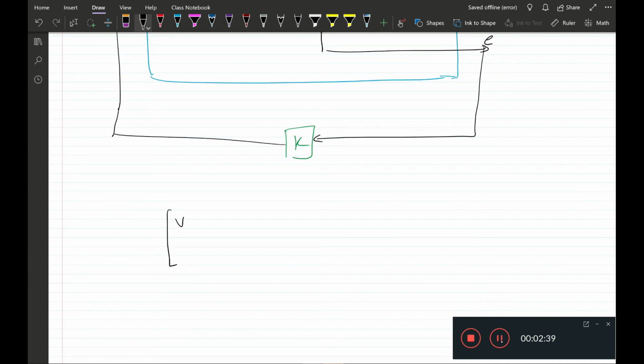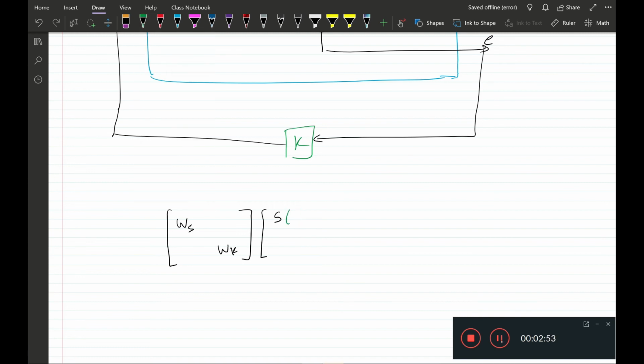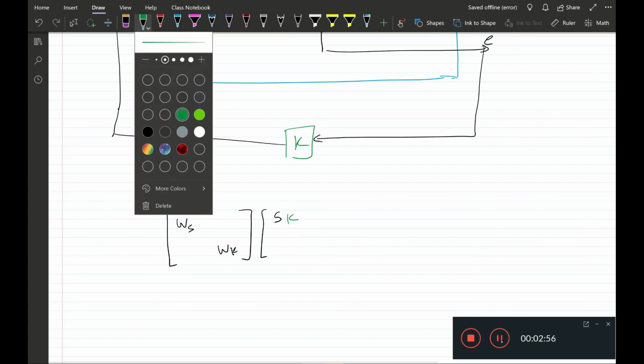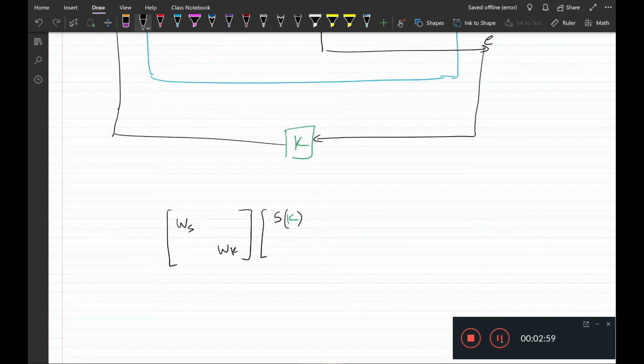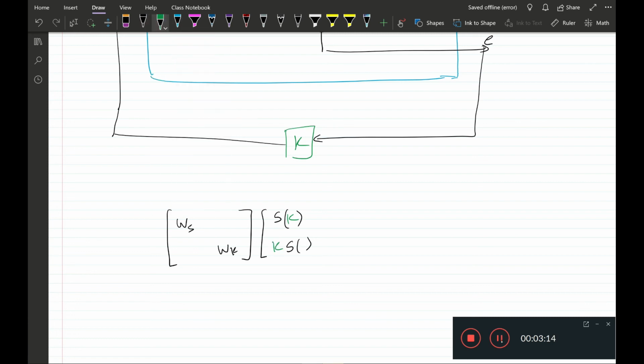We have the WS and the WK here, then we have the usual shaping filters S, which now depends on K. We have the S and KS. So this was for the 2-block design, and now we have two more.